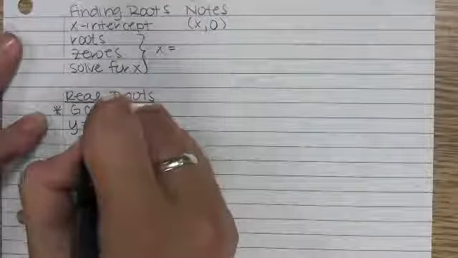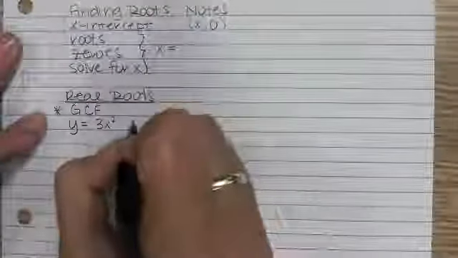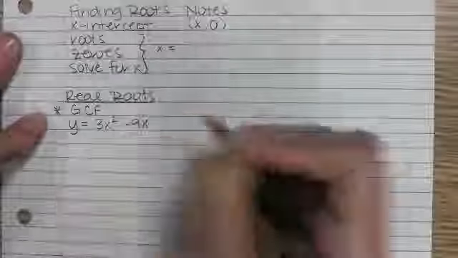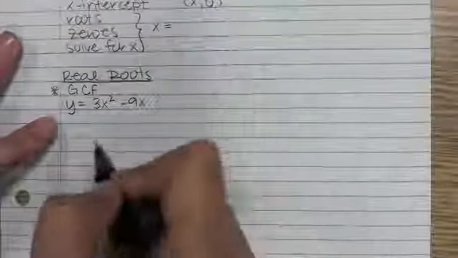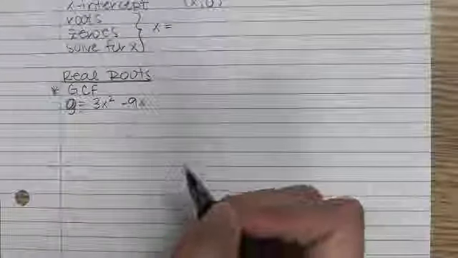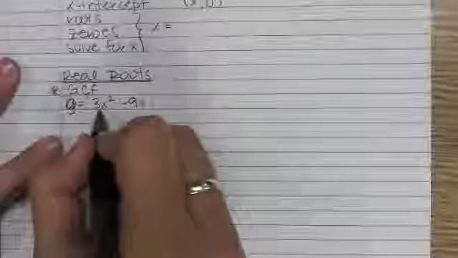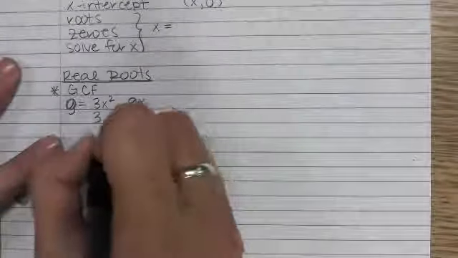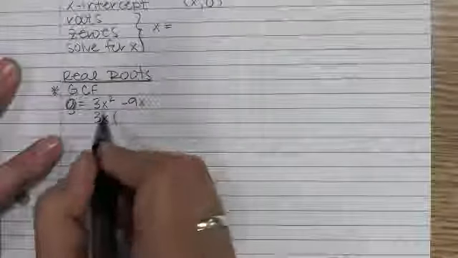And so this would be a problem like y equals 3x squared minus 9x. And you would replace the y with 0 because we're finding roots, which is where the y coordinate is 0. And a GCF, you're just looking for what's in common. So each of these has a 3 in it, and each of them has an x. So I'm going to go ahead and take that out, and then I'm going to write what is left over.